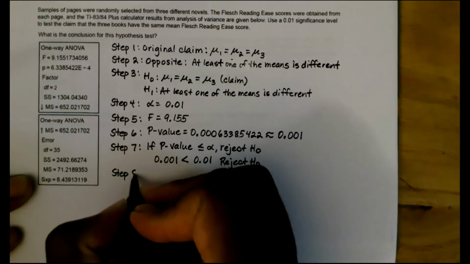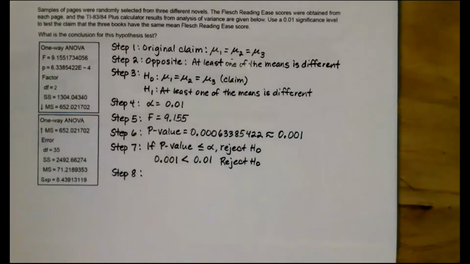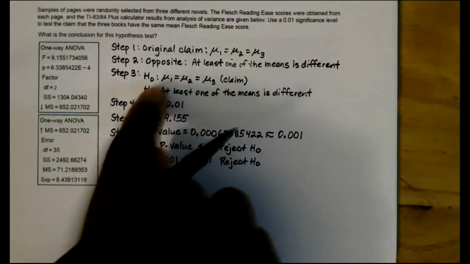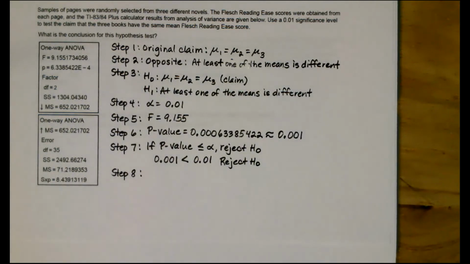And then step number 8 is going to be the concluding statement. We rejected the null, and the claim was the null hypothesis. So that means we have sufficient evidence to reject the claim.